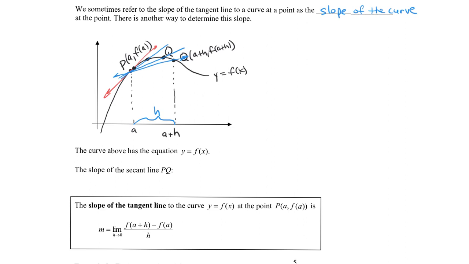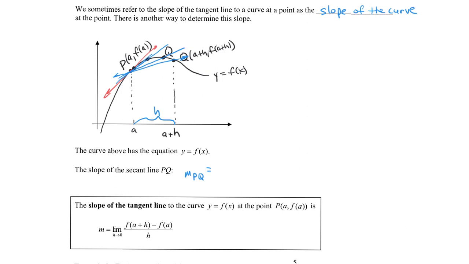So at this point, that secant slope is pretty close, but we're going to do like we did before. The slope of the secant line looks like this. And we're going to once again just use the slope formula, y2 minus y1 over x2 minus x1.